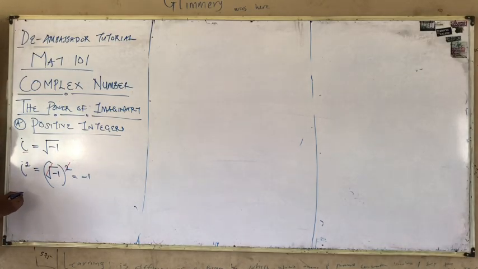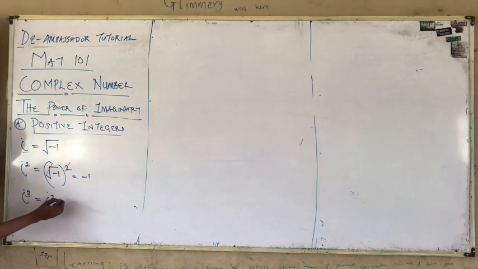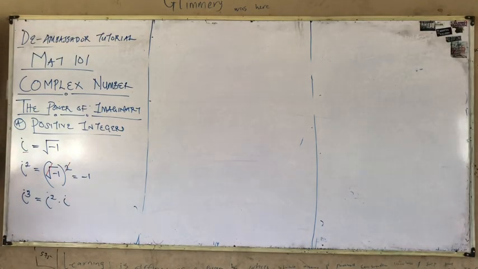Look at this case. What if I have i in the power of 3? This i in the power of 3, can it be written like this? i in the power of 2 multiplied by i. Don't forget that this i is in the power of 1. Now look at this case. i in the power of 2, then 1. What law is that? Indices.